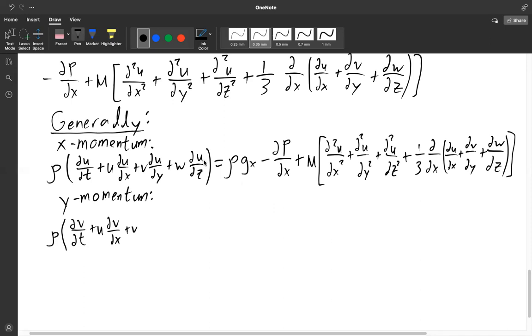Yes, that was a mistake. These are u terms. So this will be v, partial v, partial y, plus w, partial v, partial z.